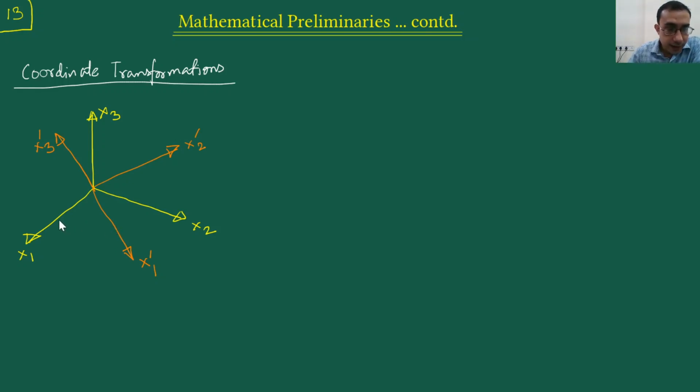So what we want to say first of all is that let the angle between this x1 dash axis and this x1 axis be denoted by some angle, and let the cosine of that angle be given by the expression q11.